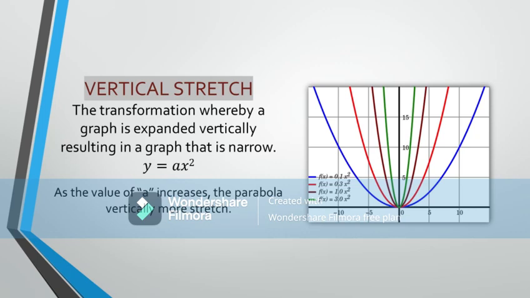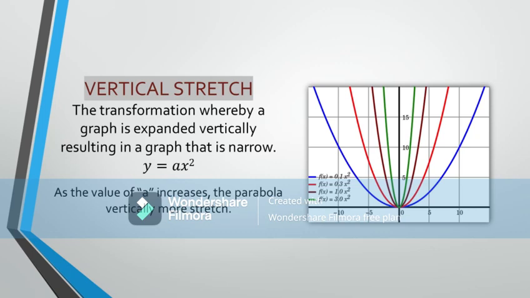First one is a blue curve where the equation is f(x) = 0.1x². As the value of a increases from 0.1 to 0.3, the graph becomes more stretched towards the y-axis.